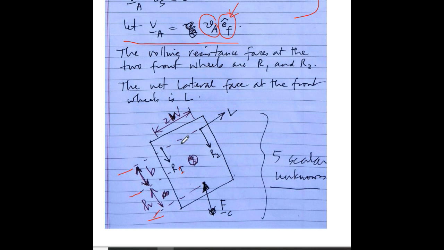So you see that this force I have not taken as known yet. This force I have not taken as known yet. Along this axis there is a net force L, and the force from the ground on the wheel contact point C is Fc. Ignore this, that arrowhead was wrong. It's in this direction, a vector force. So that's 1, 2, 3 scalars and 2. So there are 5 scalar unknowns that I have introduced so far.